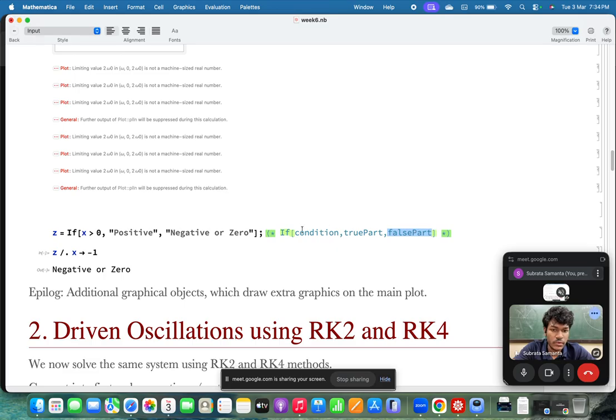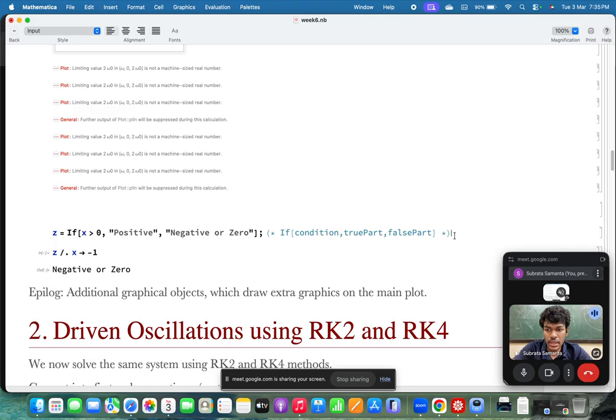So the structure is condition, comma, true part, comma, false part. You can check it with this simple example. Let's say I have a variable x. If x is greater than 0, it returns positive, otherwise it returns negative or 0.